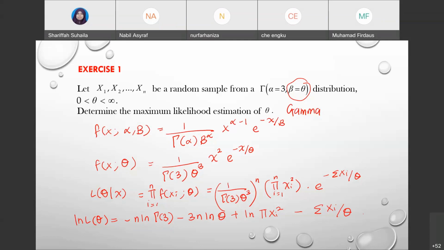So, if you differentiate here, okay, so kita ada negative 3n ln theta. So, differentiate, you will have negative 3n over theta, right? Okay, satu lagi kita ada minus summation xi over theta. So, differentiate this one, theta bawa ke atas, so theta to power minus 1. So, differentiate kan, you will have plus summation xi over theta square. Set kan equal to 0. Okay, bagi saya apa dia punya nilai theta hat?